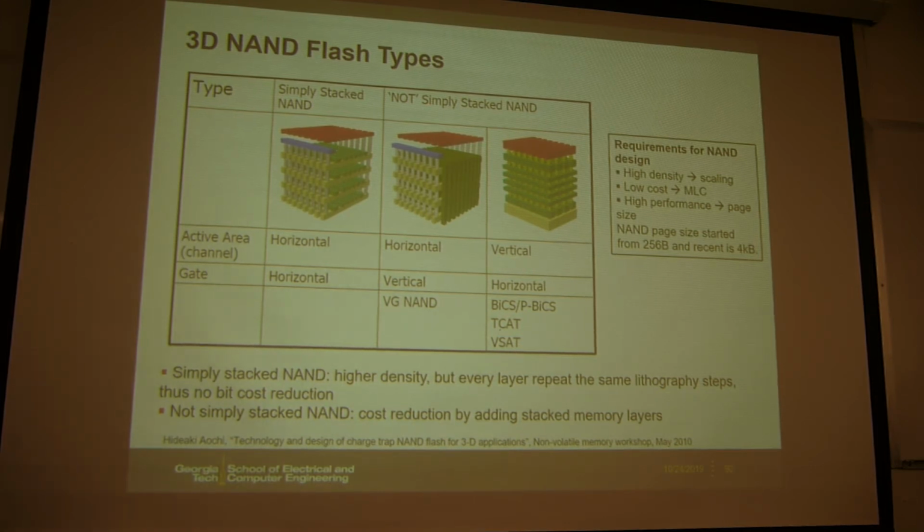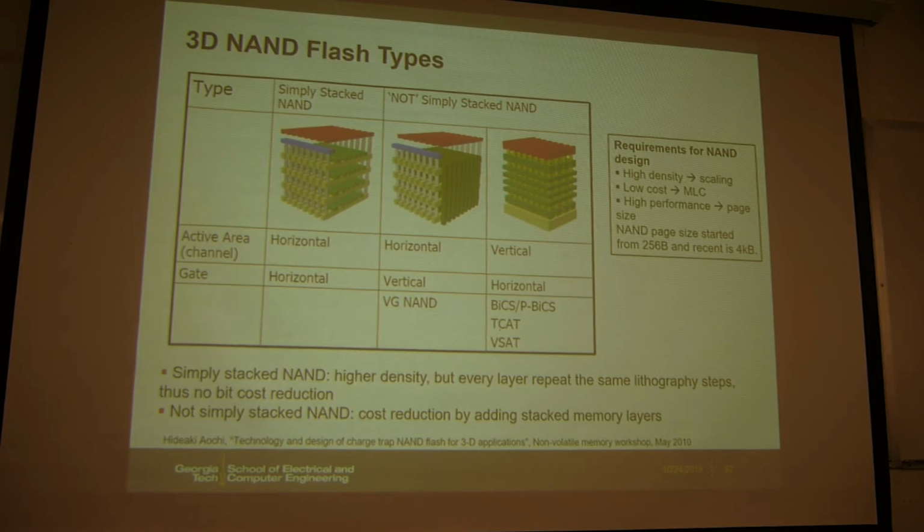You want to stack multiple layers. And how do you do that? You can have different approaches. The very simplest approach is this simply stacked NAND. The idea is very simple. You have the 2D NAND, and then you can build multiple layers one by one. You simply stack it.